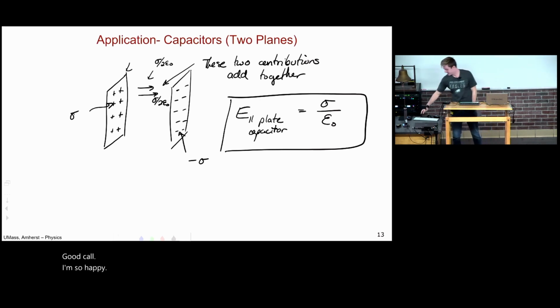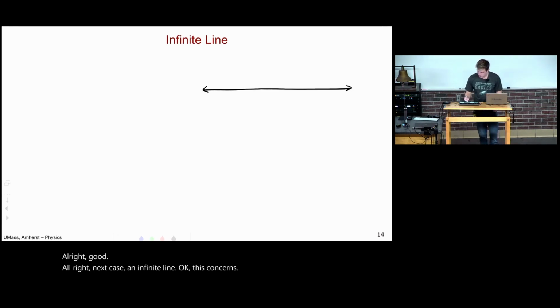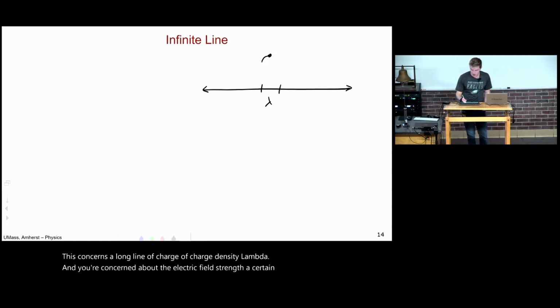All right, good? All right, next case, an infinite line. This concerns a long line of charge density lambda, and you're concerned about the electric field strength a certain distance r away from the line.